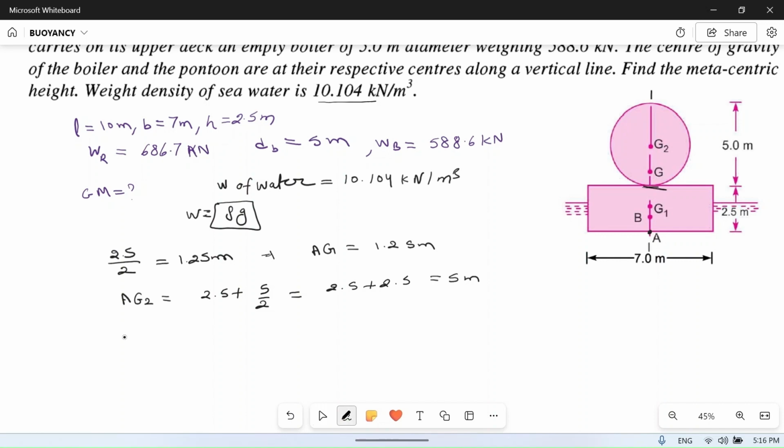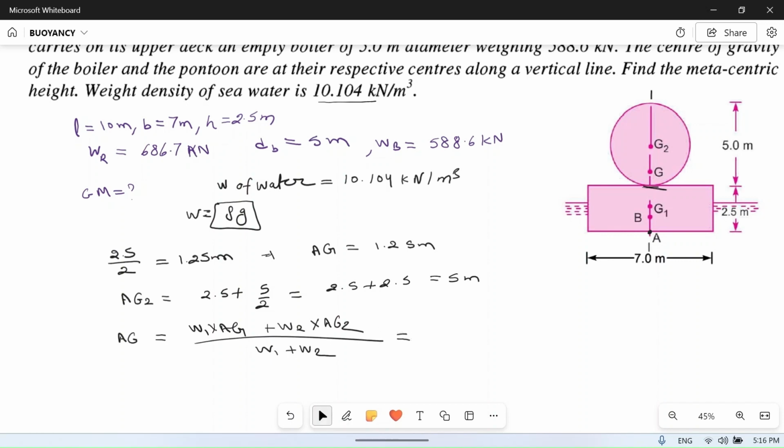Okay, so what is the common center of gravity of these two bodies? Suppose this is AG, so AG will be equal to W1 into AG1 plus W2 into AG2 divided by W1 plus W2. So everything is known to us.